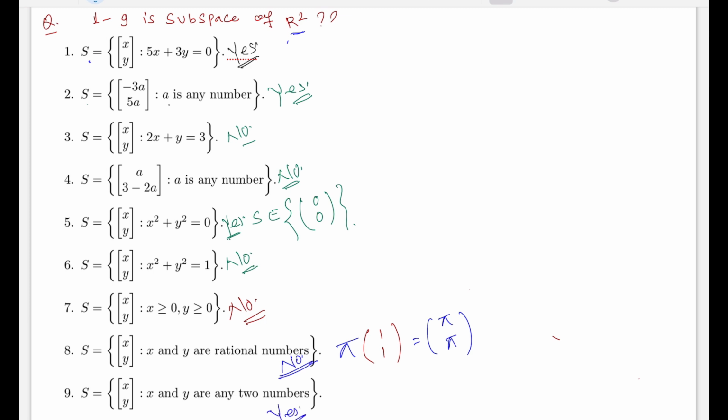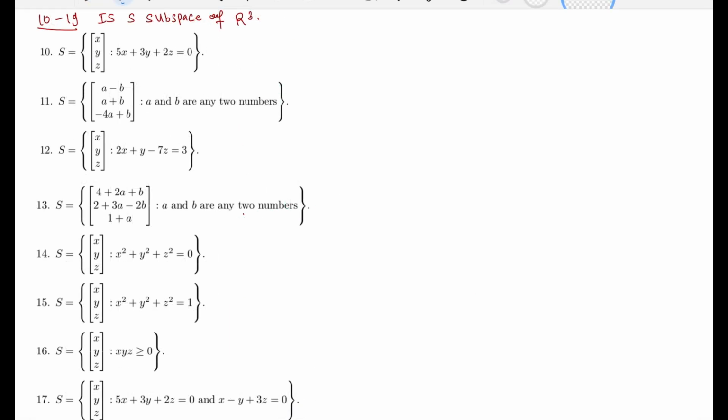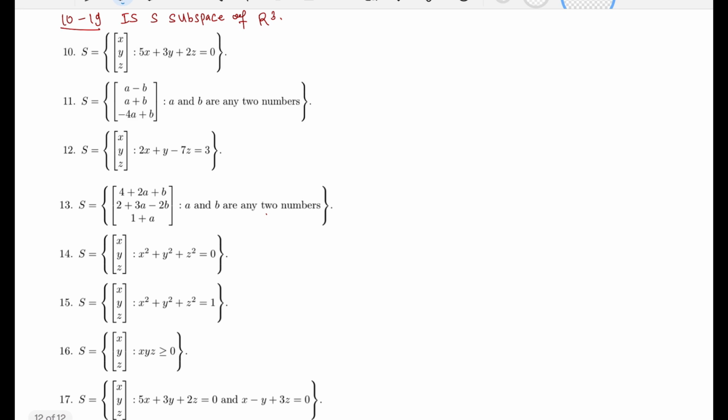Let's look at more questions. Now let's quickly go through the questions from 10 to 19. We are given this set, and we just have to find out if this set is a subspace of R3 or not. If you look at this set, all those vectors will be on this plane, right, because all those vectors satisfy this condition.